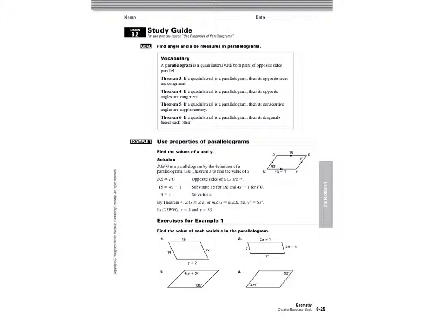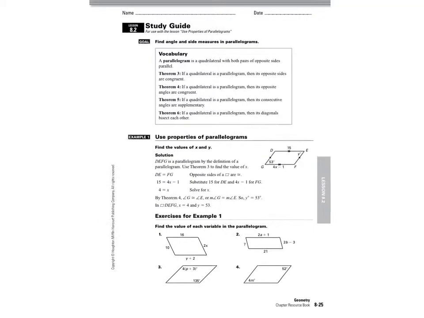So in this lesson, we focused on parallelograms. So here they have some exercises down here that you can practice for finding side lengths and angles of parallelograms. And example 1 explains that. On the back page, there are going to be more practice problems down here.